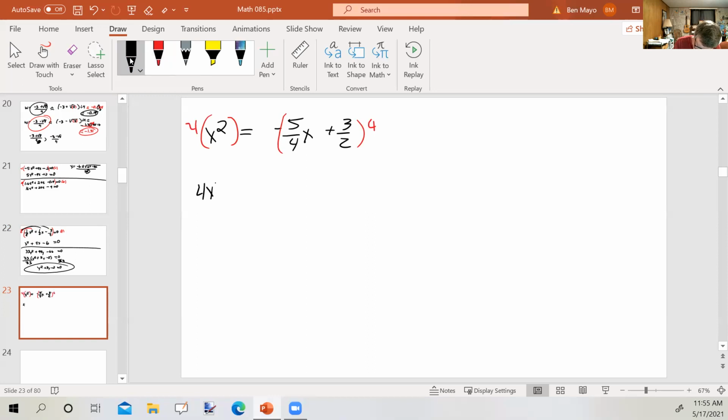So I get 4x squared equals negative 5x plus 6. Again, negative 5/4 times 4, the 4's would reduce. 3/2 times 4, the 4/2 would reduce. So we get 4x squared equals negative 5x plus 6. Okay.